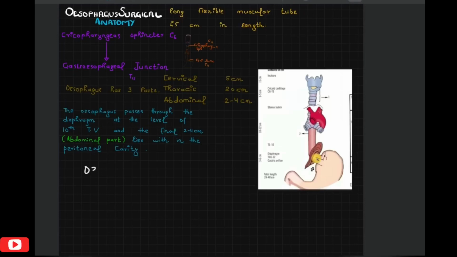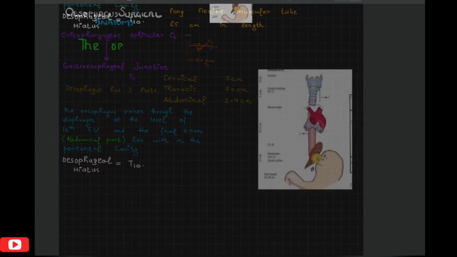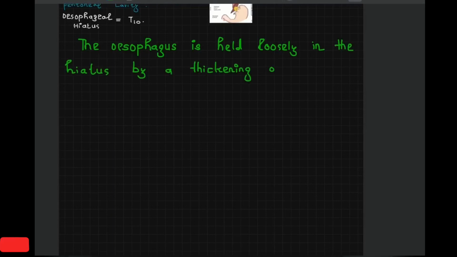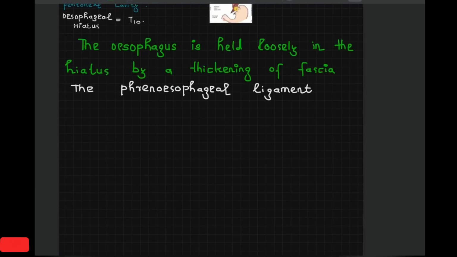So the esophageal hiatus is at the level of T10. Do not confuse this with the level of the GE junction, which is T11. The esophagus is loosely attached to the hiatus by a thickening of fascia called the phrenoesophageal ligament.